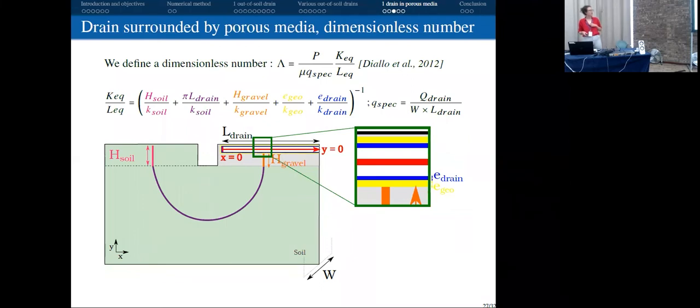So we have an 8 for the soils, then in purple a semicircular way in the soils, then an 8 for the gravel over the permeability of the gravel, and then the same thing for the thickness of the geotextile and the thickness of the drain.